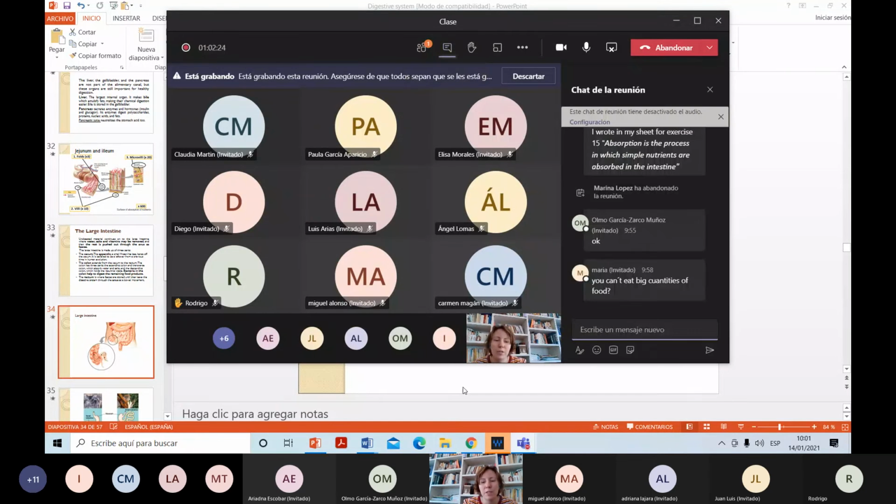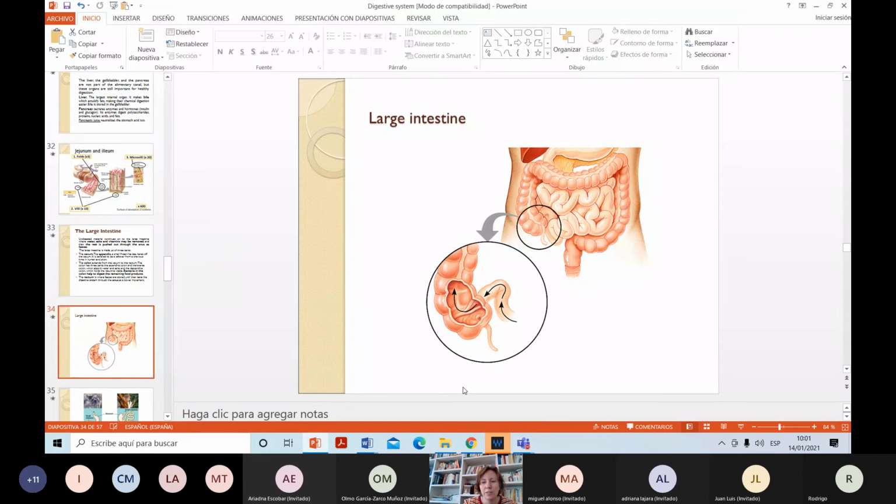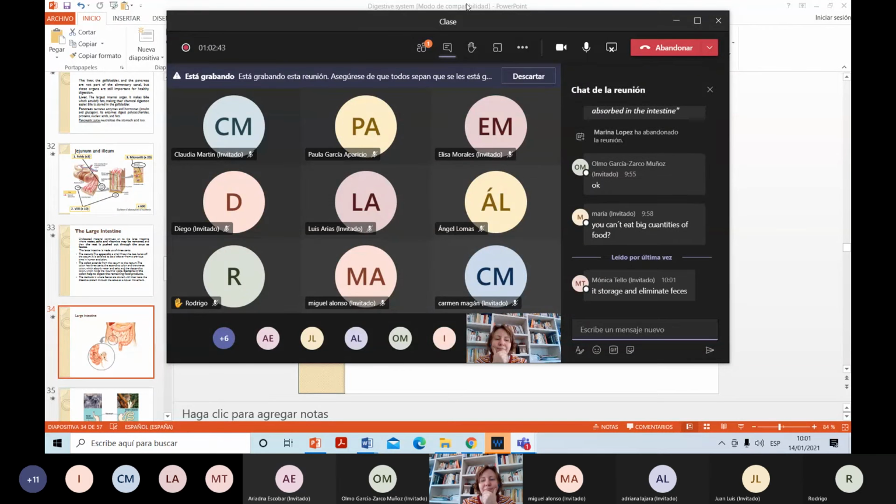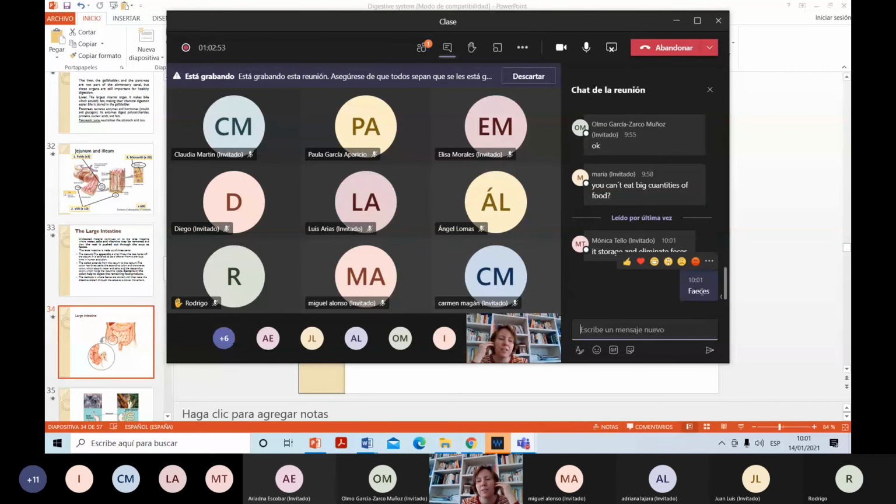What is the most important mission of the large intestine? Is to store and eliminate feces. Okay, so it's to store and eliminate feces.